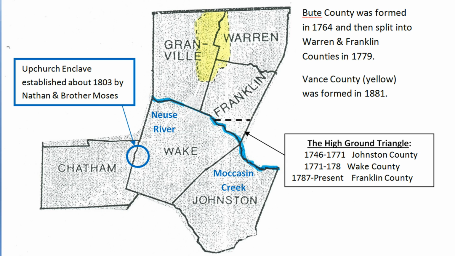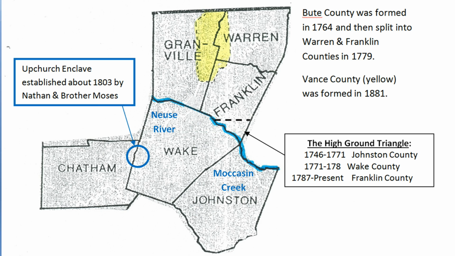Now, there are a couple of things I'd like to put aside here on this chart, and we'll return to them later. One is the question of Vance County, which is highlighted in yellow there. Now, Vance County was taken from the nearby counties, but it wasn't formed until 1881. It's highlighted in yellow, and you see that it is sort of taken out of the heart of those various counties.